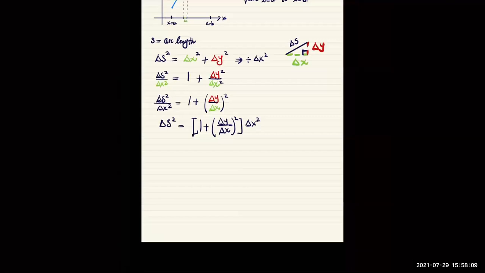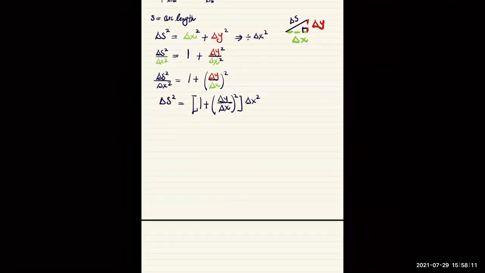Okay, take the square root. Let's just do the square root of this to solve for delta s, because I need the length of that little piece. So delta s is equal to the square root of 1 plus delta y over delta x, the whole thing squared. And then the square root of delta x squared is just a delta x.